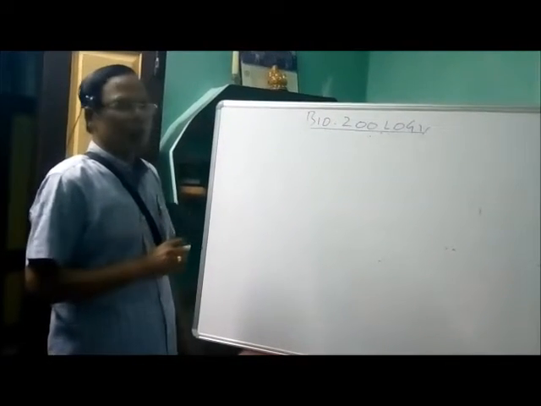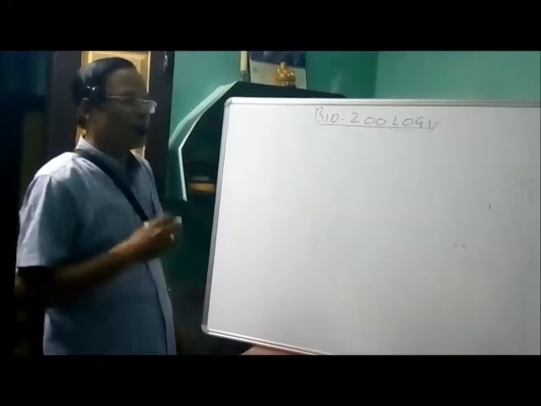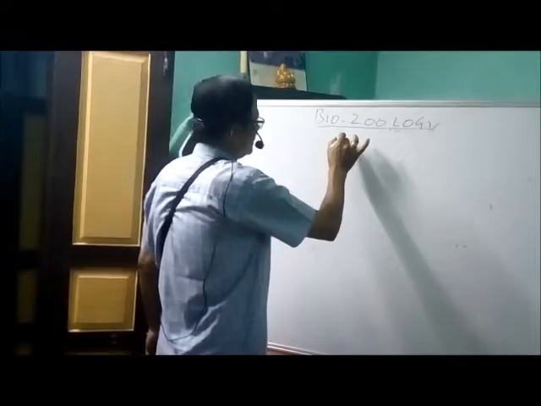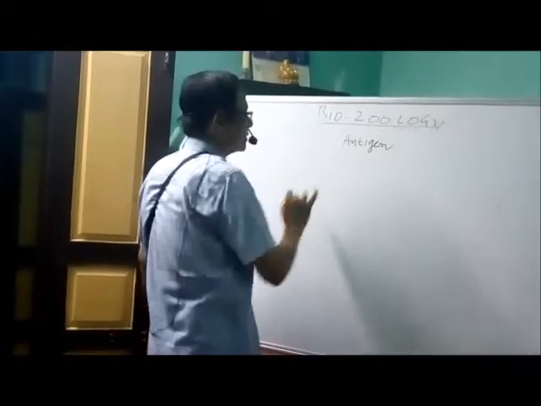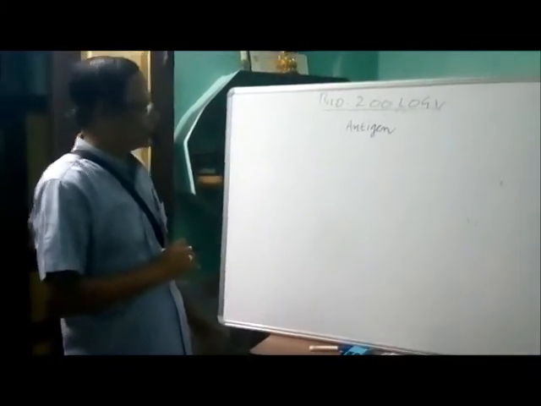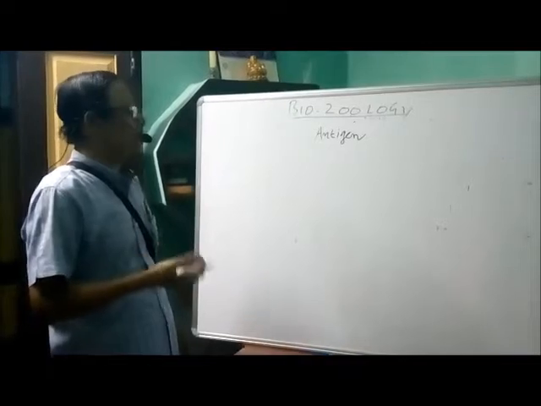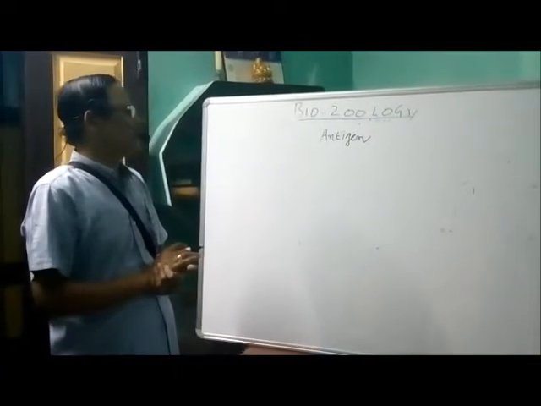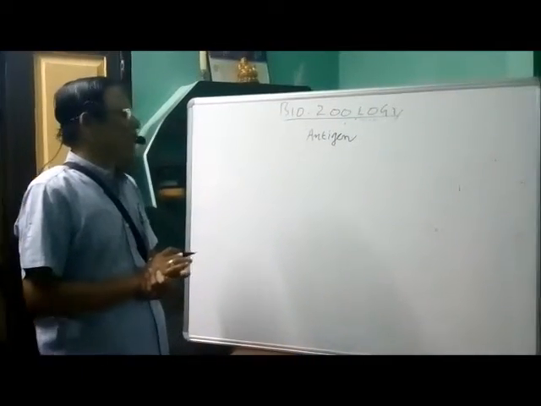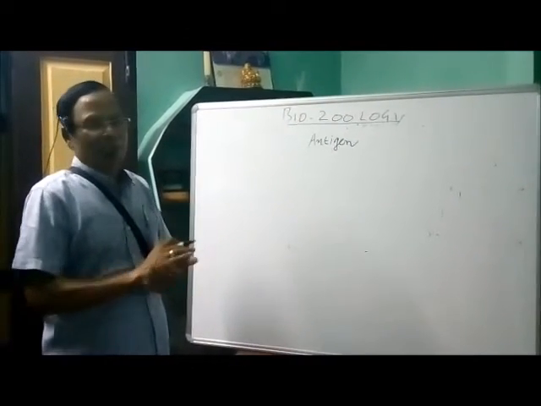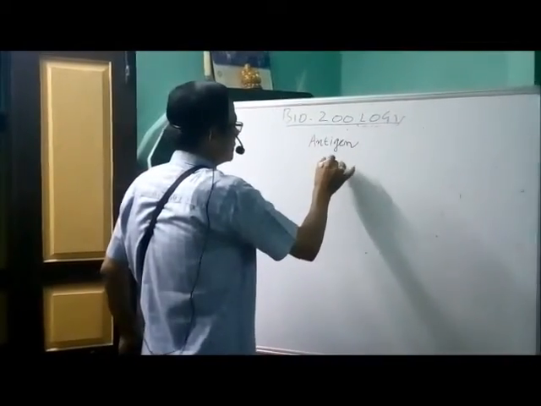The chemical difference is based on the presence or absence of a substance called antigen. This is not actually a protein, but a sugary compound. The universal name for antigen is agglutinogen.